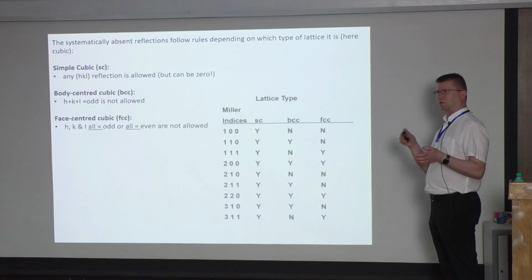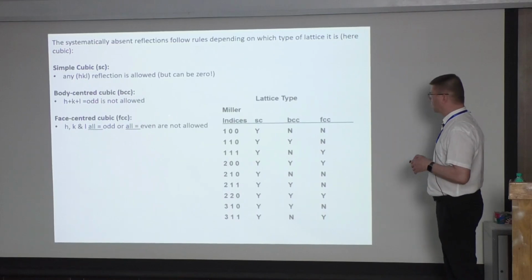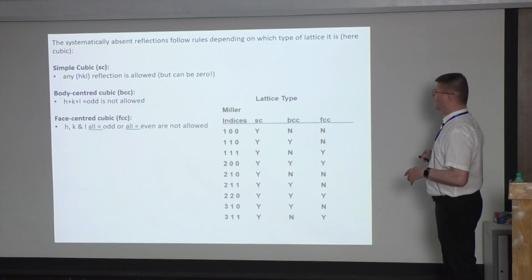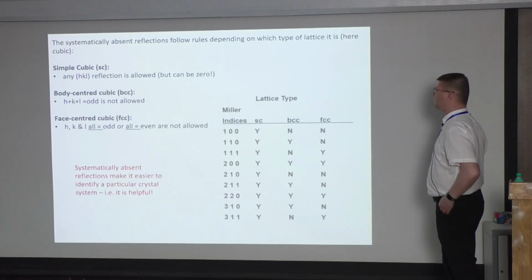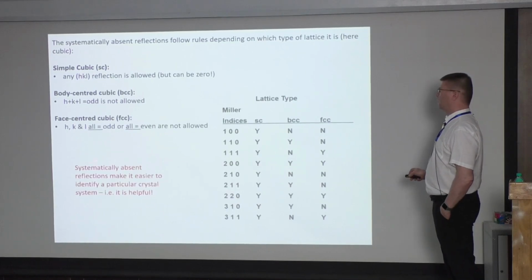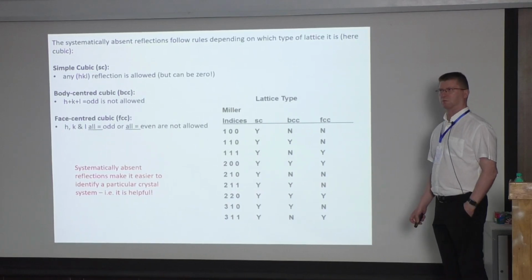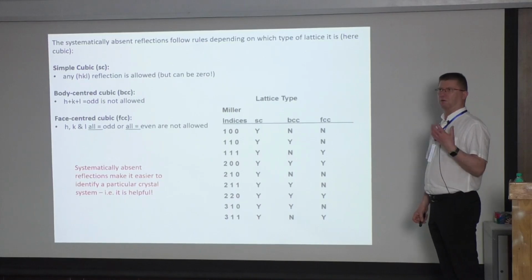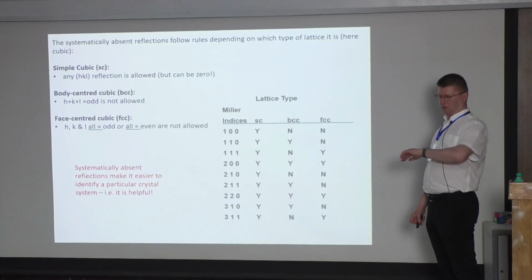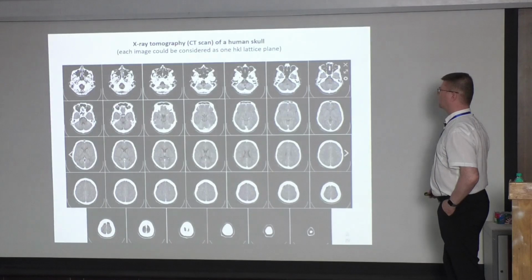Early in my career, I was looking for this information, because the instrument will print out this information. So the idea is that systematically absent reflections make it easier to identify a particular crystal system. So it is helpful. Nowadays, computer programs are very powerful and easy to use in that sense.